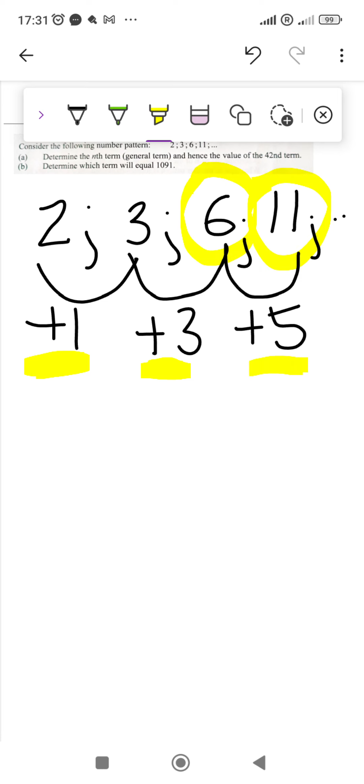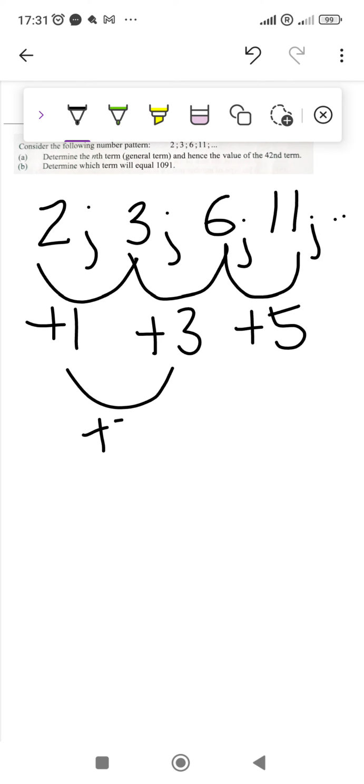All right, so what have we discovered by doing this? We discovered that our first differences are all different. Okay, so we know that this is not a linear or an arithmetic number pattern. So we need to look at our differences, and we see something interesting because there is a constant difference between our differences. So from year to year, you have to add 2, right? So what we did again, consecutive ones.